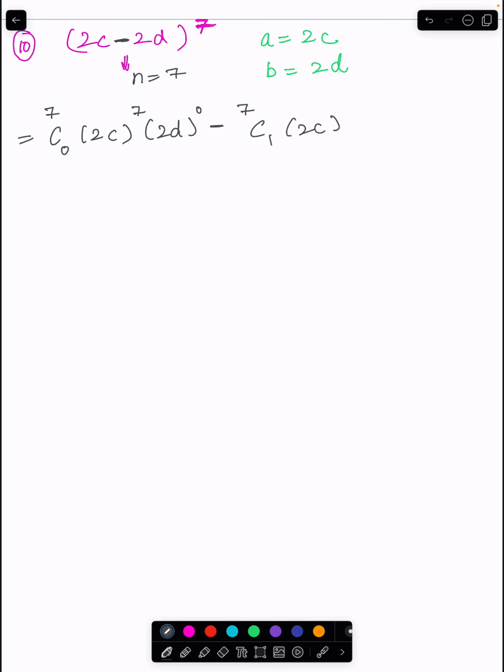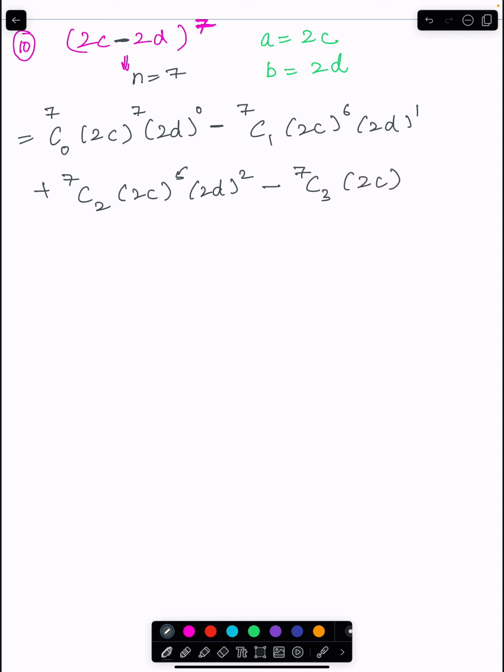7C1, 2C power 6, 2D power 1, plus 7C2, 2C power 5, 2D power 2, minus 7C3, 2C power 4, 2D power 3.